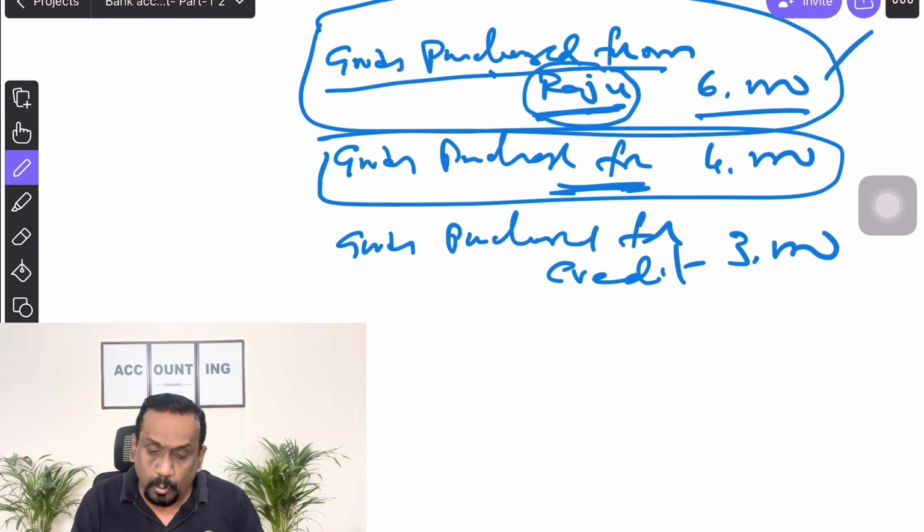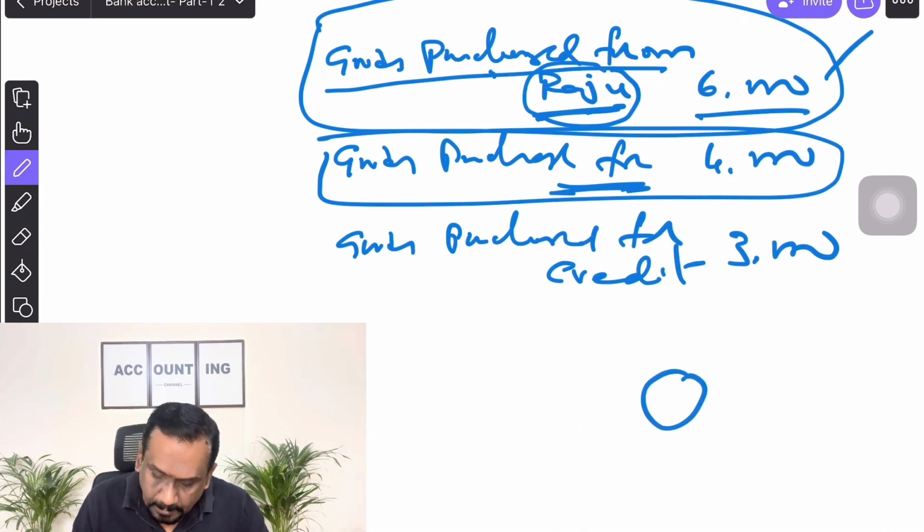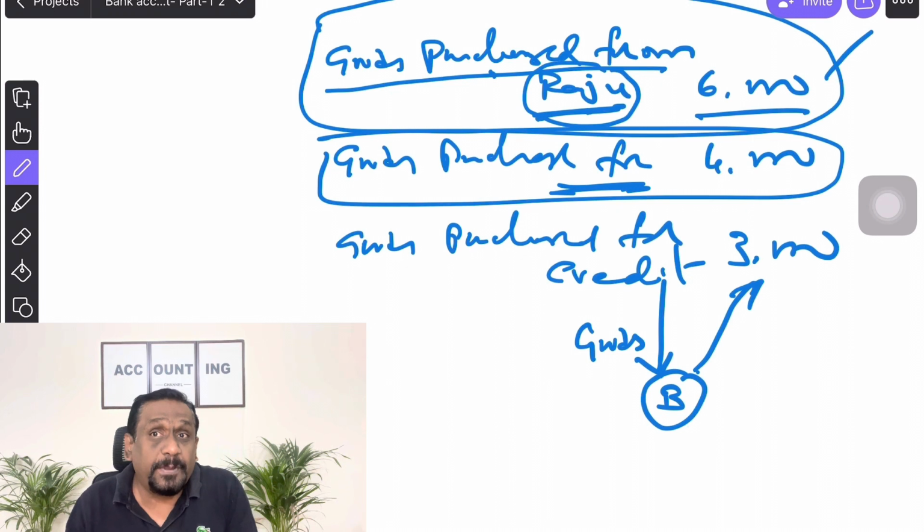First one. Goods purchased from Raju for 6,000. Here goods purchased from Raju. They did not mention about the cash. Hence this transaction will be considered as a credit transaction. Then, as usual, business. What comes in when we purchase goods? Goods comes in. What goes out? Nothing. You did not pay the cash.